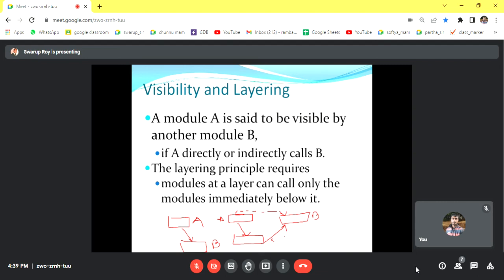So the good design is something like that. In the case of a neat layering arrangement, a module at a layer can call only the modules immediately below it. It should not happen in reverse.